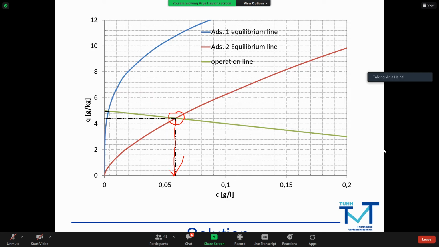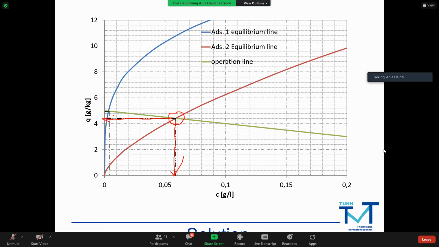So we would get around 0.06 grams per liter. And here we would read the loading for adsorber 2, which I would say would be around 4 point something grams per kilogram.